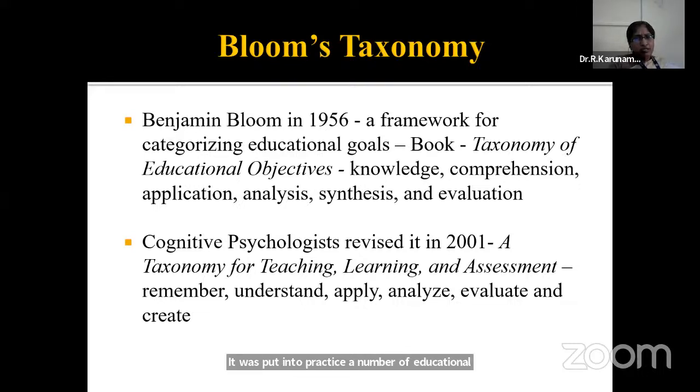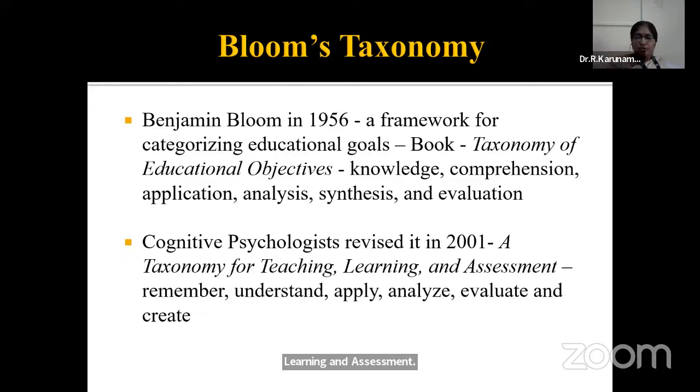When the educational systems were moving ahead, changes were required, and a set of cognitive psychologists revised the theory in the year 2001 and introduced a revised taxonomy for teaching, learning, and assessment.